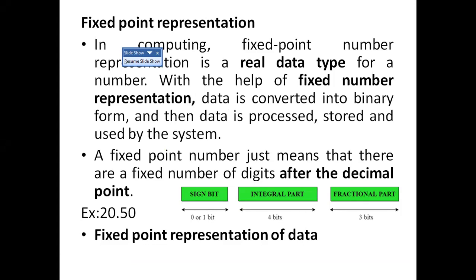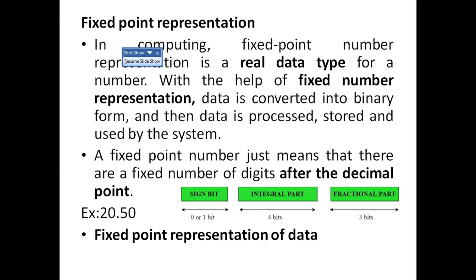A fixed point number has a fixed number of digits after the decimal point. For example, 20.50: after the decimal point, there are only a fixed number of values, no more than two. That's why we call it fixed point representation.